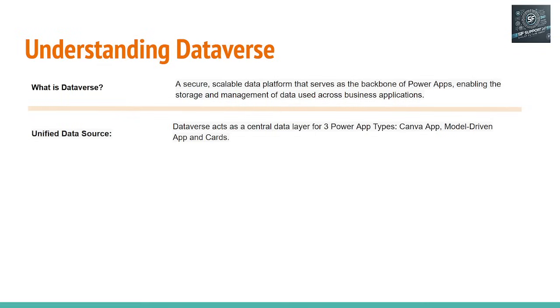Canvas apps use Dataverse, model-driven apps use Dataverse, and cards also use Dataverse. So this is a core fundamental component of all three types of Power Apps. Think of Dataverse as a database that is going to be used in all three types of Power Apps.